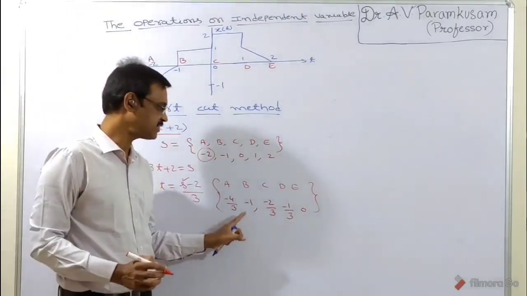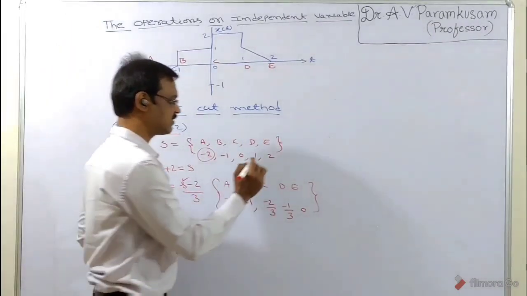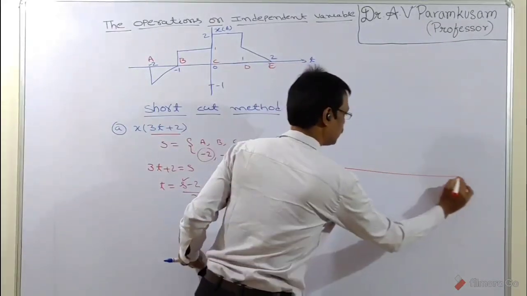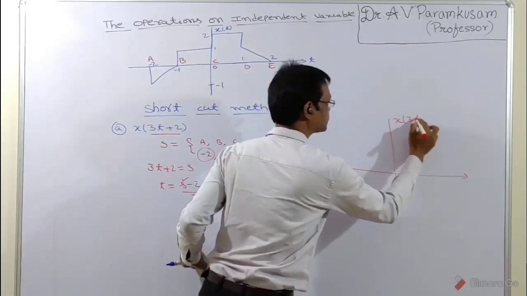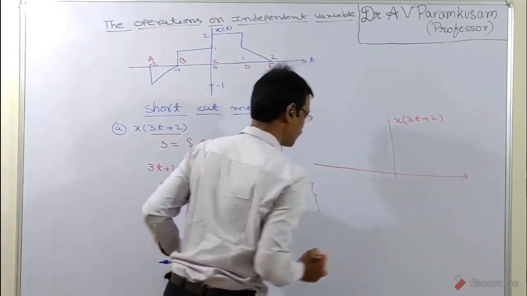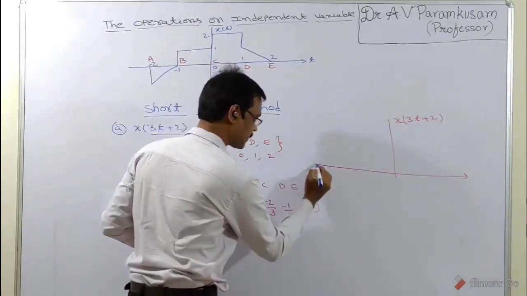Now, these are the new points for x of 3t plus 2. Now, I draw the x of 3t plus 2 like this. First, you locate these new points.